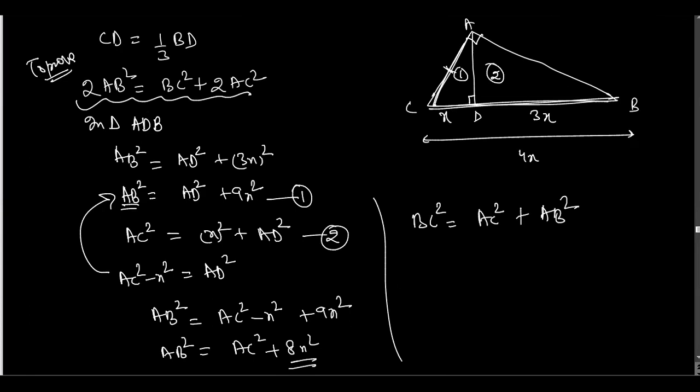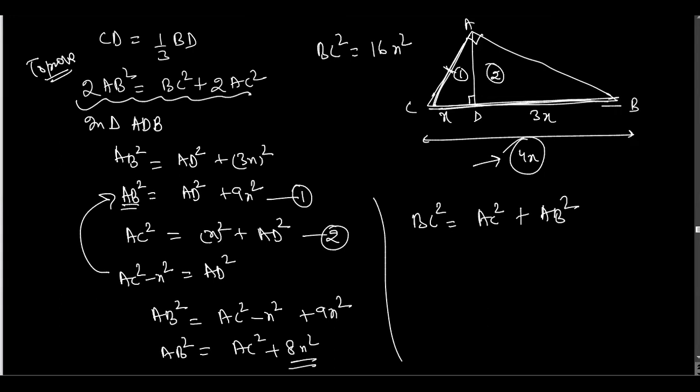8 into 4 by 3 square. Actually, BC is 4x, because this one is x and this one is 3x, so total BC will be 4x.